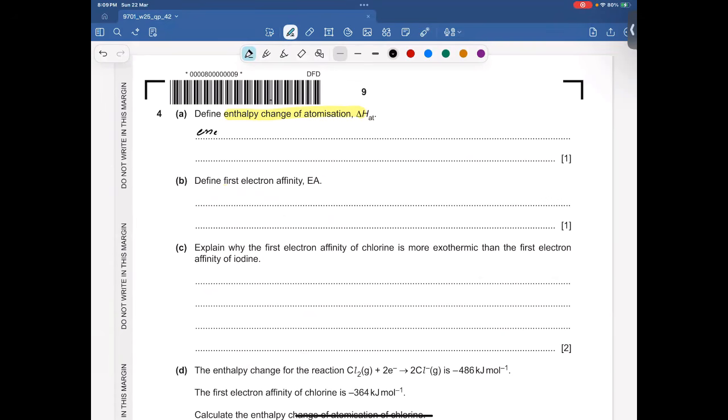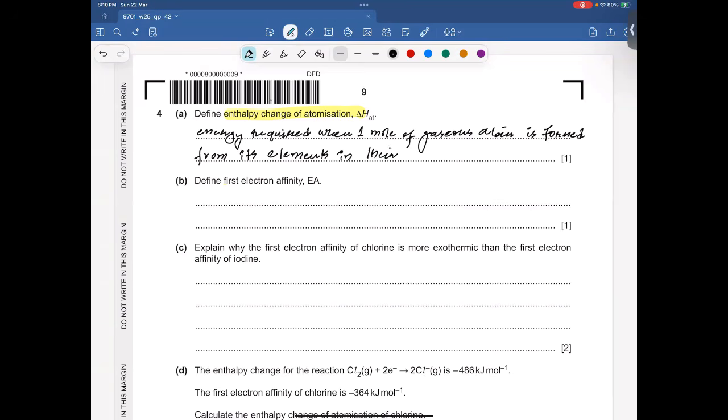So the definition is going to be: energy required when 1 mole of gaseous atoms is formed from its elements in their standard states.